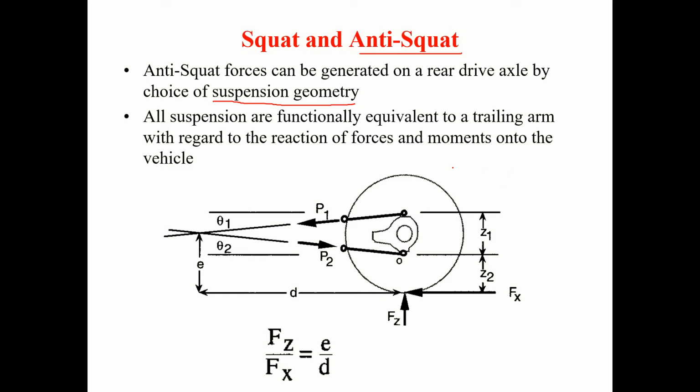Trailing arm means, suppose you consider this is the frame and this is the wheel and this is the arm. We attach like this. This we call a trailing arm.